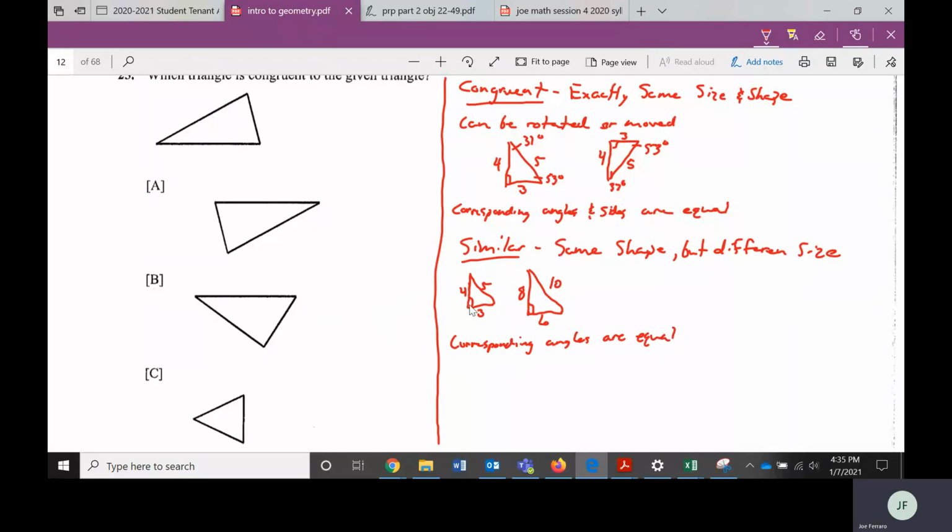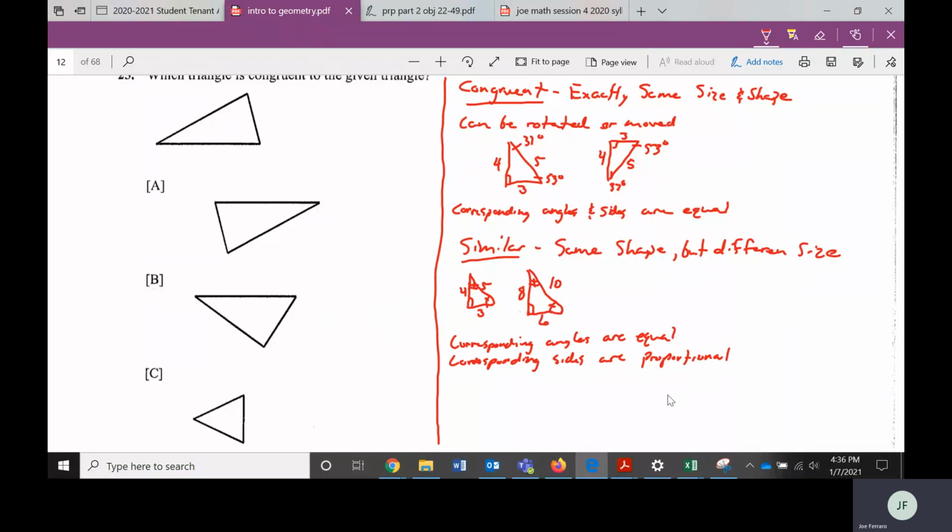So obviously the right angles are the same, but this angle would be equal to this one, and this angle would be equal to this one. But corresponding sides, excuse the sloppiness in the writing there, are not equal, but are proportional.